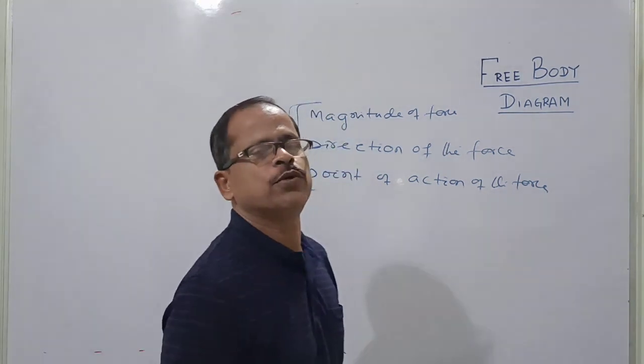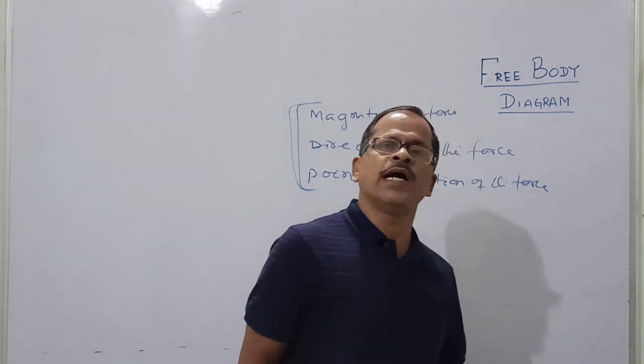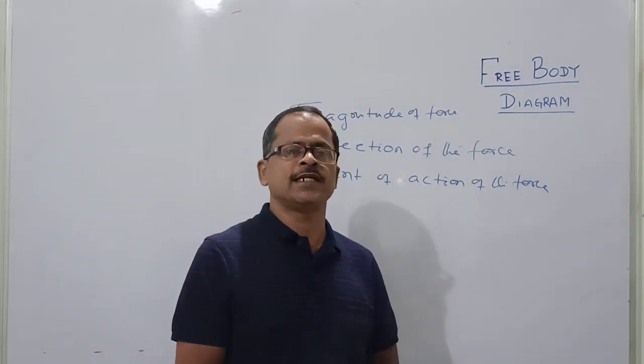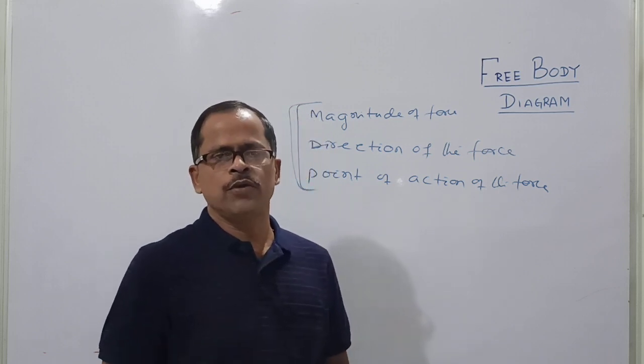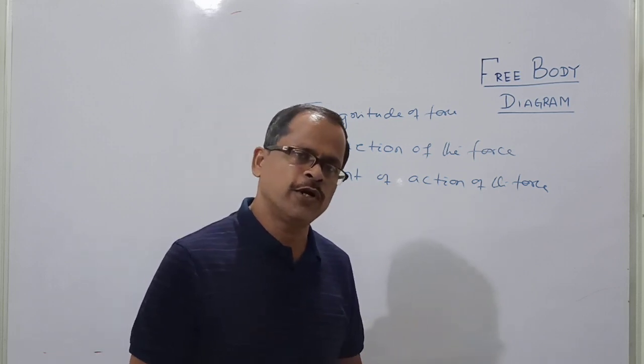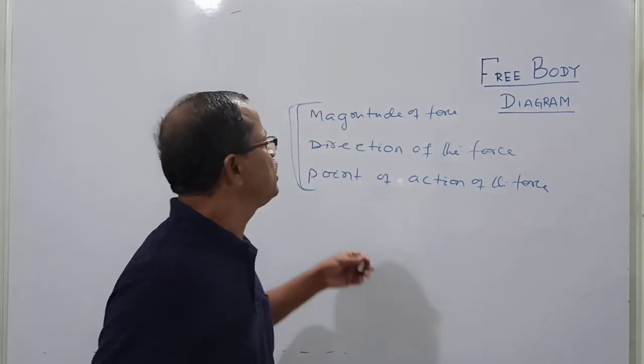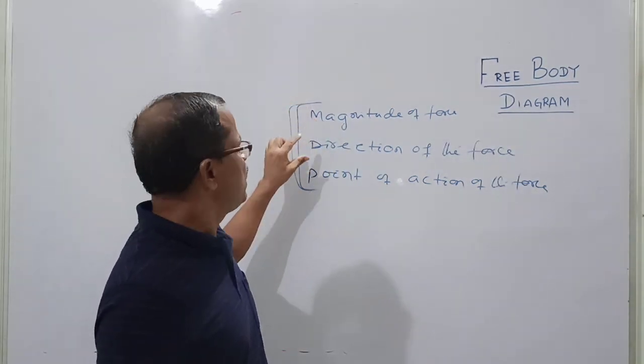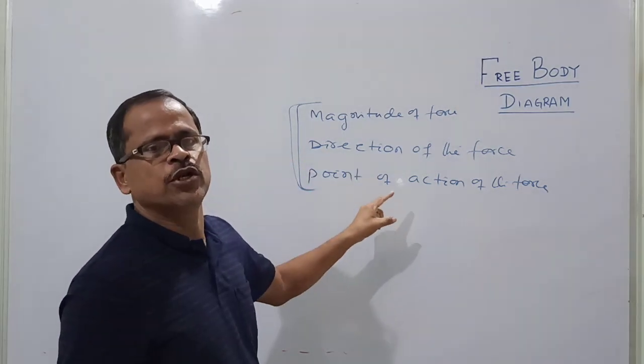When you are going to draw a force or analyze the forces of a system, how the forces are acting, how the body will move or not move, everything depends upon these factors: magnitude, then direction, next the point of action of the force.